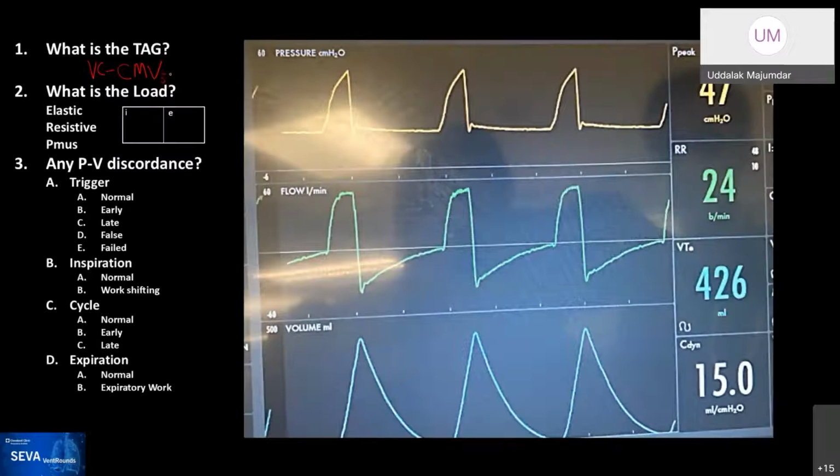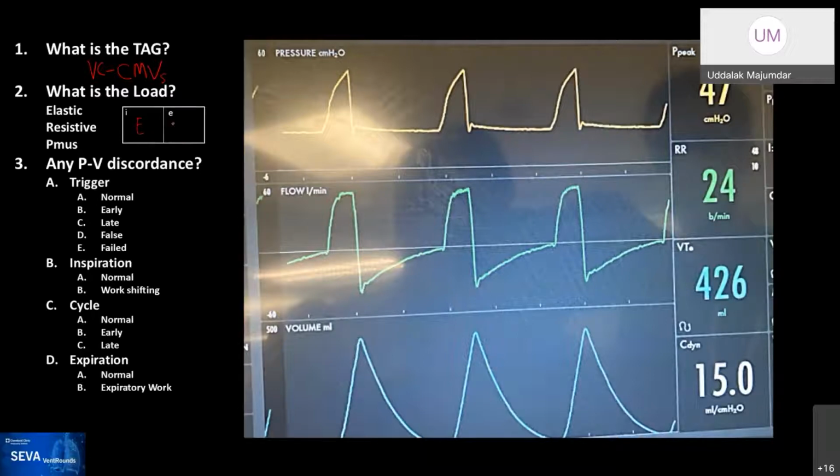In terms of load, going very systematically, if the control variable is flow, I'm going to look at a non-control variable, which is pressure. Looking at the usual thing, I think the load is probably a compliance, elastance load. Inspiratory and expiratory are the same.